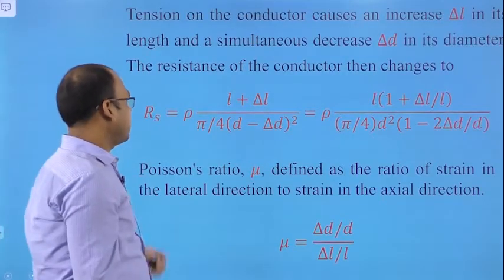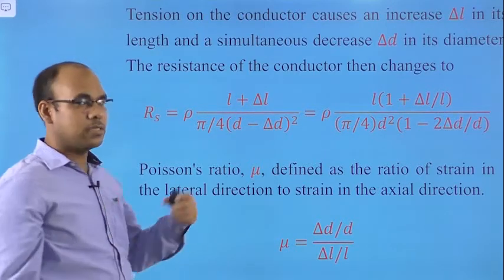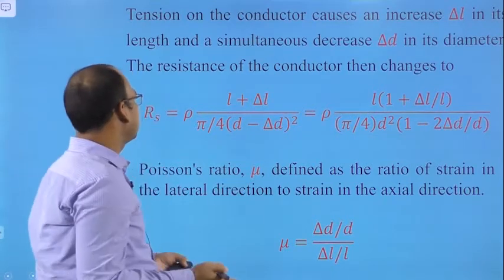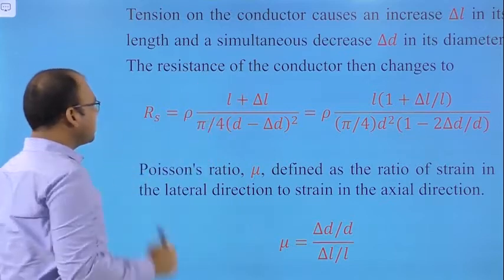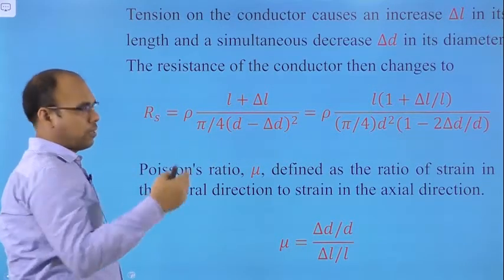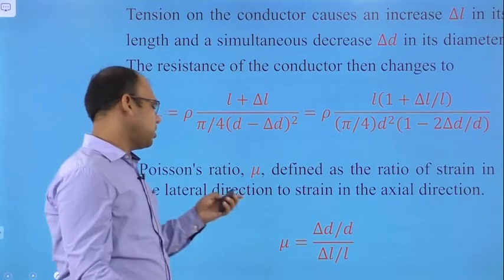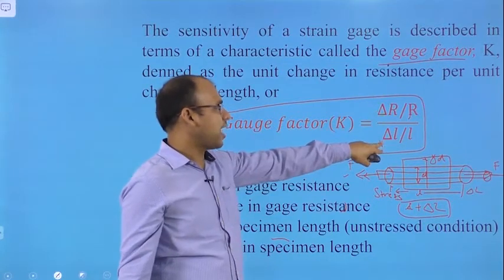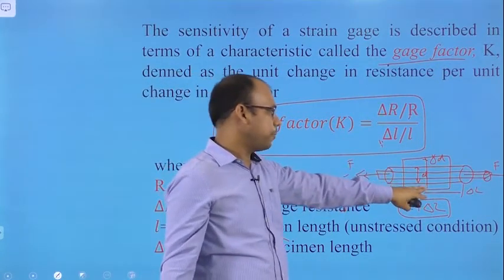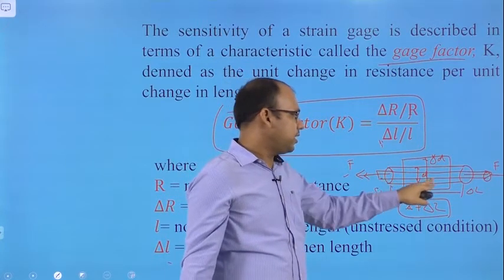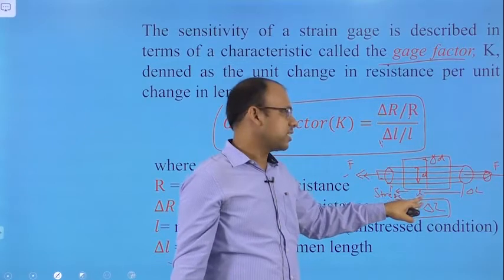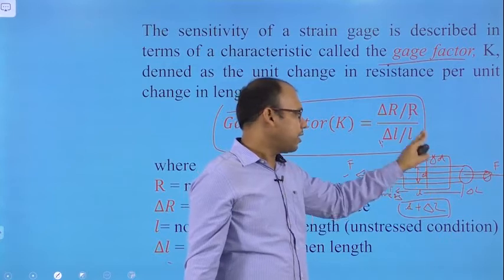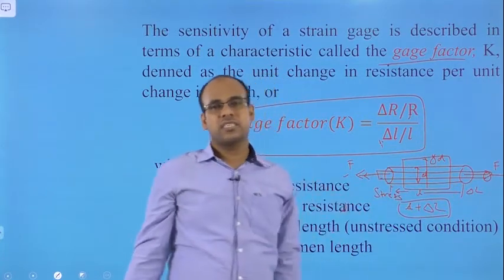When tension is applied onto the device or the transducer, the length changes and the diameter changes. From the previous formula, this is L and the diameter in this diagram: whenever the diameter increases, the length decreases, right? And whenever the length increases, the diameter decreases.